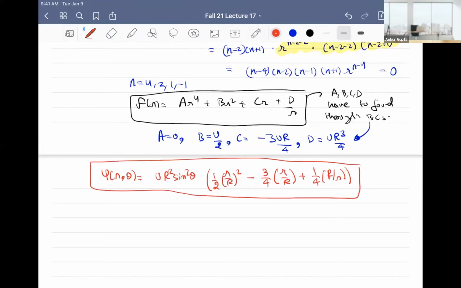We found f. So now we also have a complete solution for the stream function, a function of r and theta.